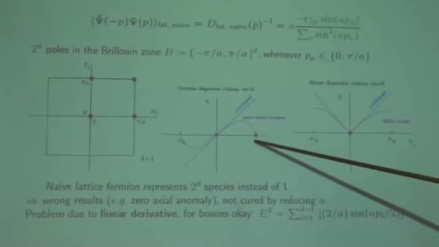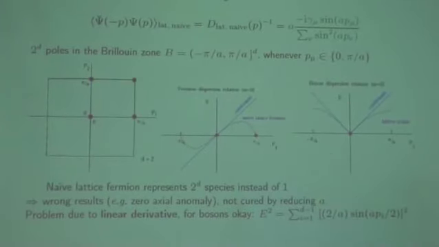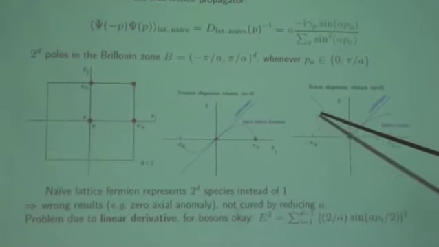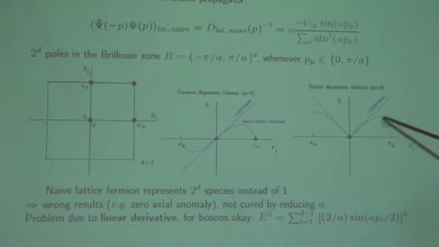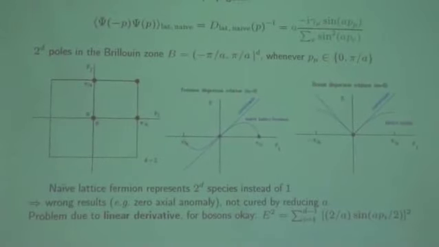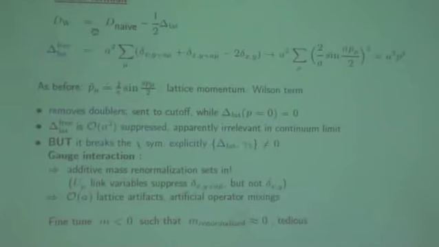So here we see that we have a problem, and the same problem we do not have for bosons. For bosons, we have this momentum squared, and this does not need to go to 0 in the continuum like that, in the lattice like that. It's 2 pi periodic. For the bosons we don't have this problem. The problem emerges because we have linear derivatives and not square derivatives.